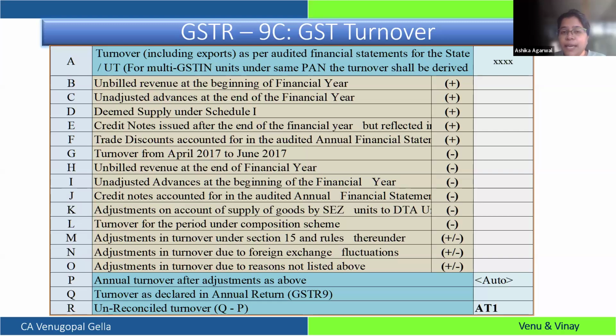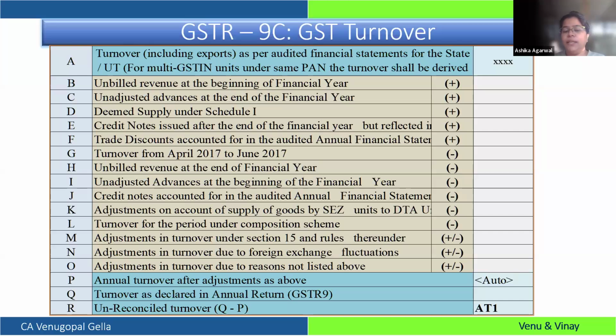Those credit notes you might have to report as financial credit notes in your GSTR-9. Row 5J, credit note accounted for in audited financial statement, is the specific row item which deals with financial credit notes. That also you need to take care of while doing the reconciliation.